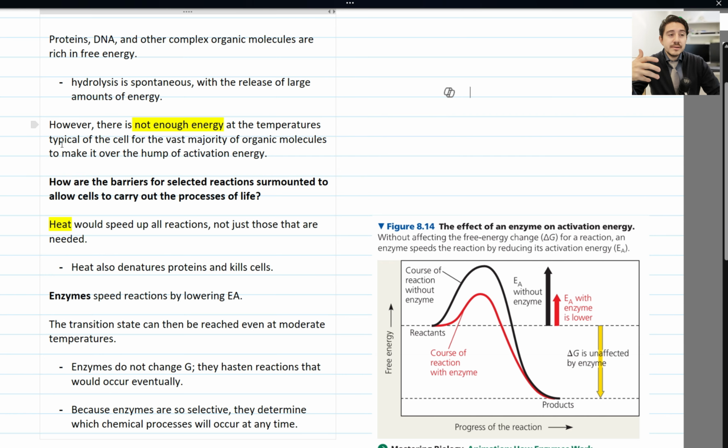But within chemical reactions, generally there's not enough energy at temperatures that are typical for the cell, so I'm talking about biological conditions, for a lot of organic molecules to reach this energy of activation. So take note of that. The majority of chemical reactions don't reach the energy of activation. And so it's quite interesting.